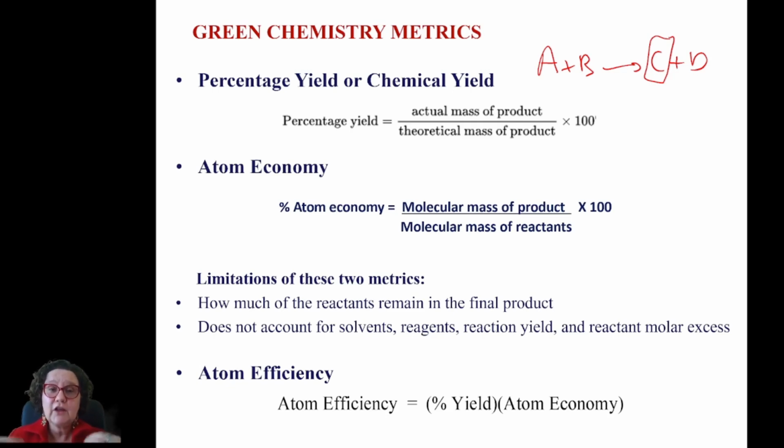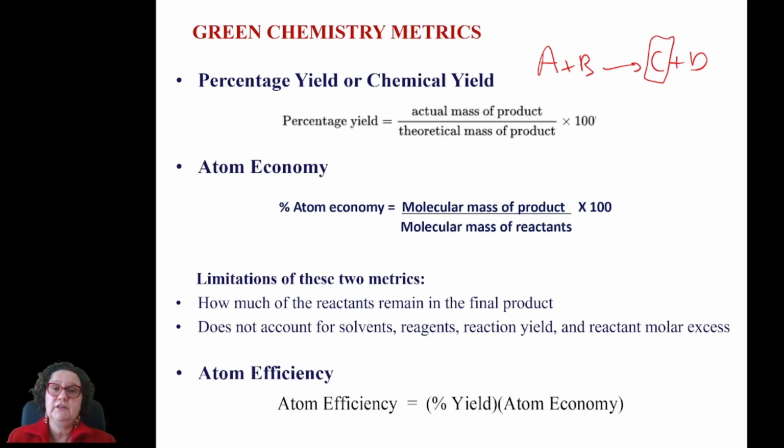So the actual mass of product, how much of the chemical you actually get, is never as much as you expected. An ideal percentage yield would be 100%, so you have as much product as you were expecting to have from the amount of reagents you have used. And what would be a good synthesis? Well, that's a matter of opinion, but you can say 90%, or 95%, or 70%, whatever number you can think of.